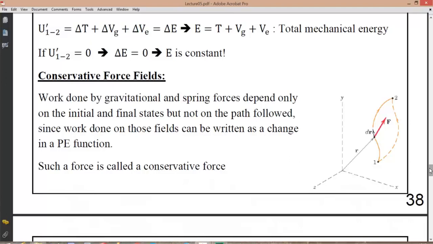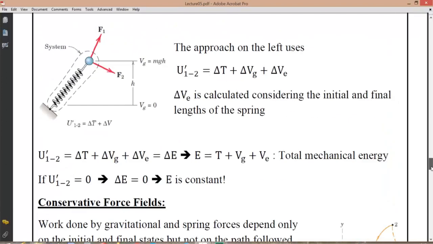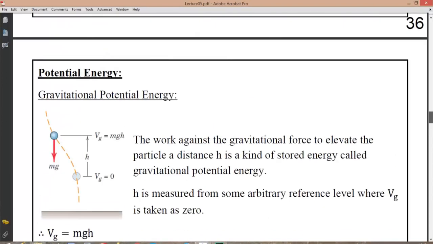conservative force fields. Work done by gravitational and spring forces depends only on the initial and final states, but not on the path followed. Remember, we had a similar case to this here. For example, the particle moved on a path, but all that we were interested in was this h parameter here in the vertical direction, how much distance it has covered, right?